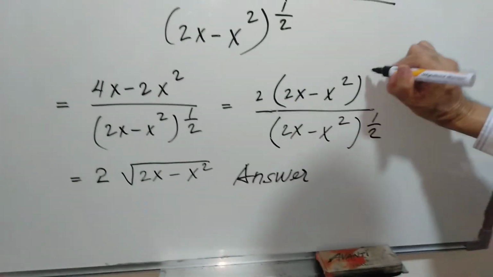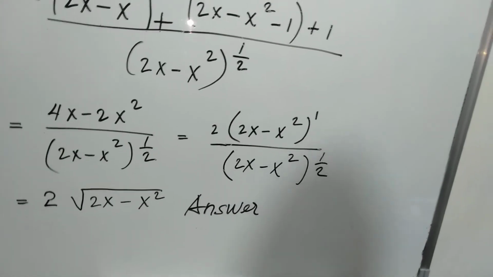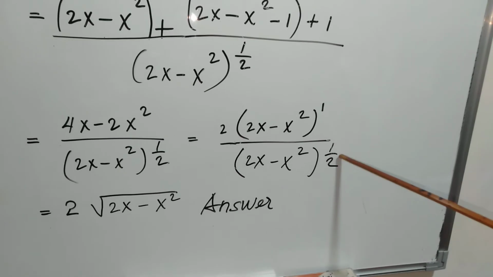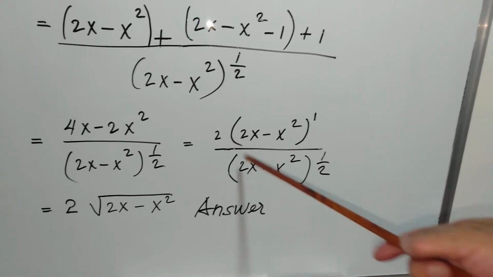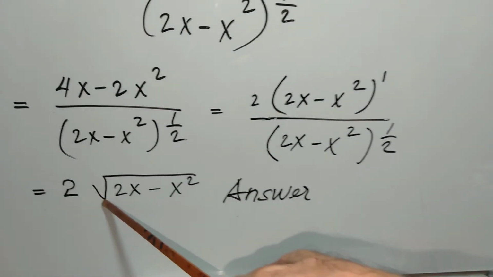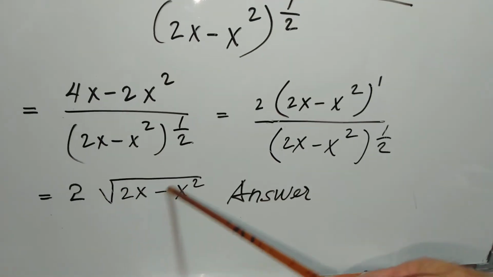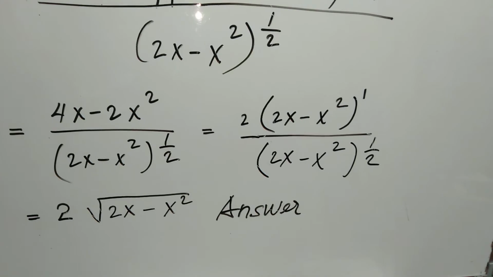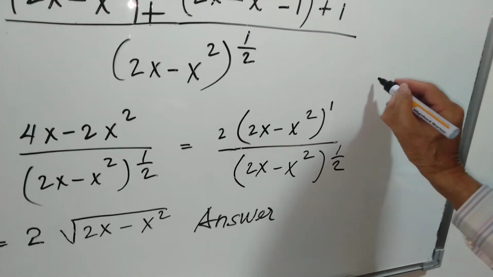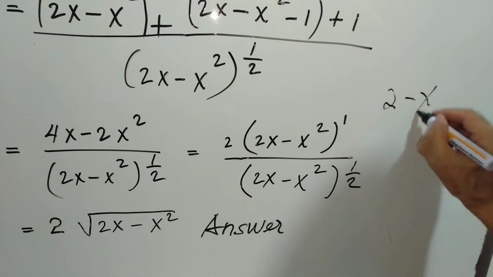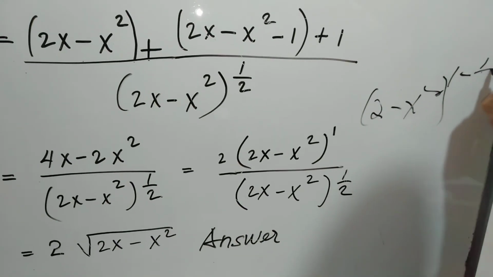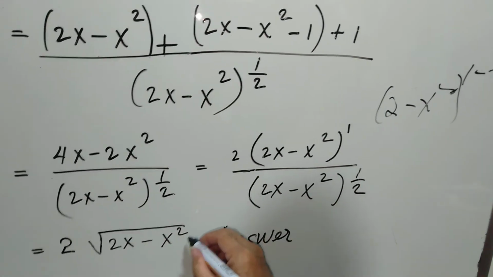The power of the numerator here is 1, so 1 minus 1/2 leaves 1/2. So the final answer is 2 times the square root of 2x minus x squared. So this is our final answer.